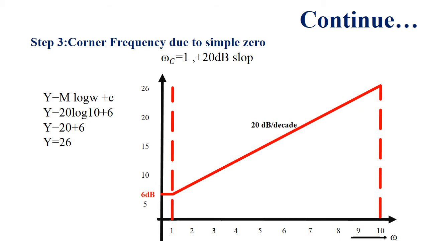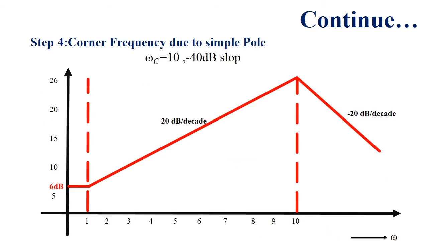Step 4 is determination of the corner frequency due to simple poles. As we know, if our system contains a simple pole, then the slope of the system will be minus 20 dB. As we are dealing with (s over 10 plus 1) whole square in the denominator, it is the whole square of a simple pole.